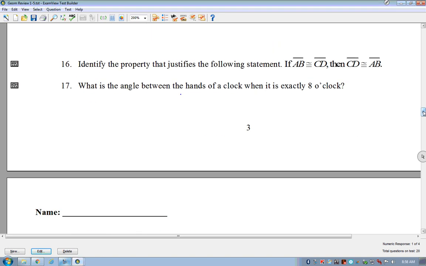Number 6, this is where you want to go back and look at those flashcards, because a lot of geometry is theorems and postulates, and this stuff is based upon that. Identify the property that justifies the following statement. If AB is congruent to CD, then CD is congruent to AB. Does anybody know what property that is?